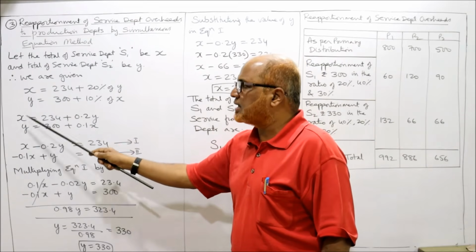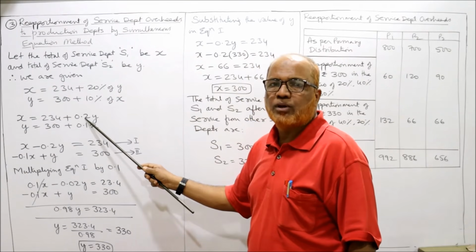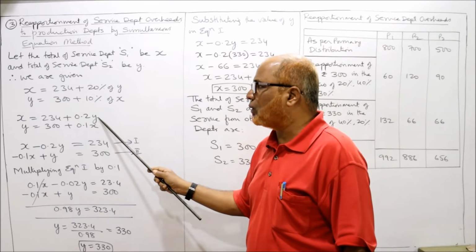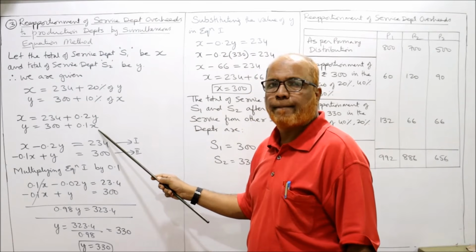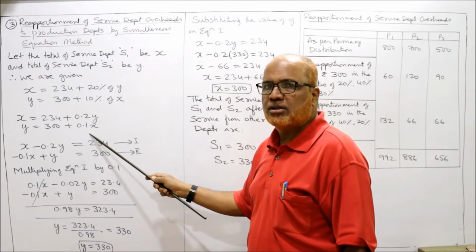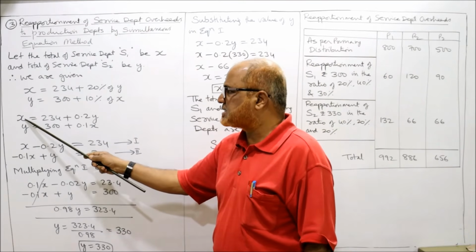Now we'll write like this. X is equal to 234. 20% का मतलब होता है 0.2. 20 by 100, 0.2. 0.2 Y. Similarly, Y is equal to 300 plus 0.1 X. Two equations we have found. अब क्या करेंगे? ऑर्डर में लिख देंगे. X is on LHS.